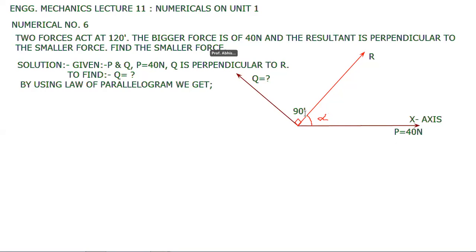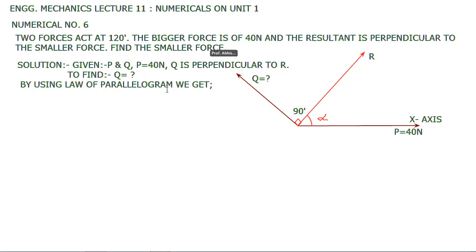So the angle made by the resultant with the horizontal x-axis is your angle alpha, and you have the formula for this.